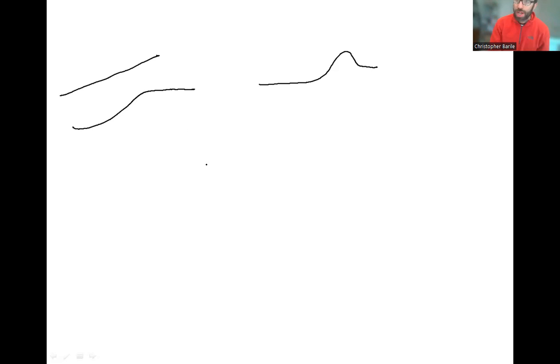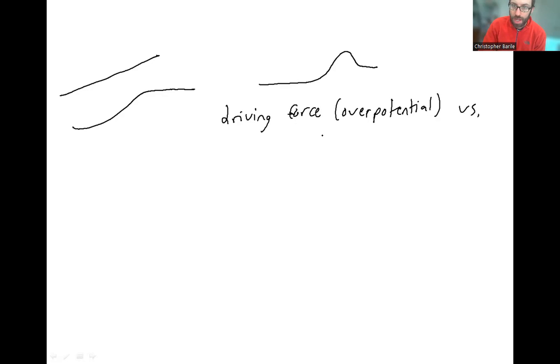Okay, so the short answer is that this is an interplay between driving force, which we can think of in terms of overpotential, the voltage applied beyond the thermodynamic voltage, versus diffusion effects, okay?